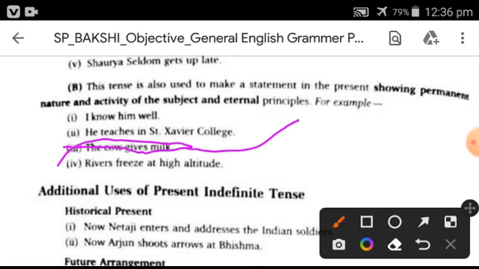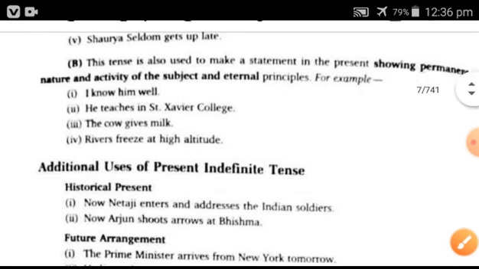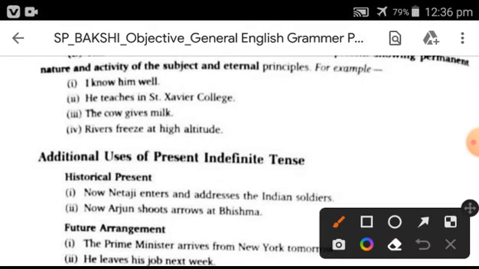And last sentence but not the least, rivers freeze at high altitude. It is a universal truth, and when we talk about universal truth, we have to use present indefinite, not any other tense.